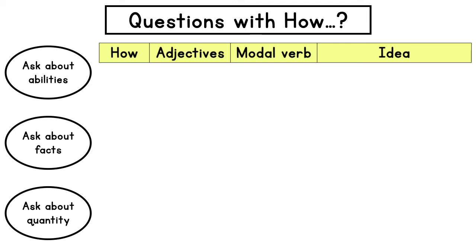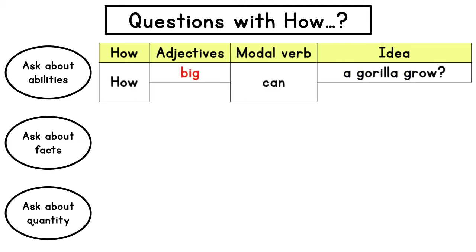For example, how big, adjective big, modal verb can, your idea: a gorilla grow. The second example, how far can an eagle see? So this is to ask about abilities.